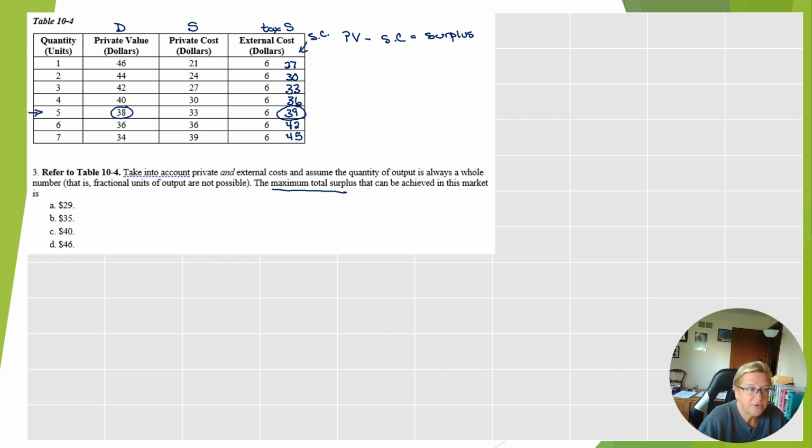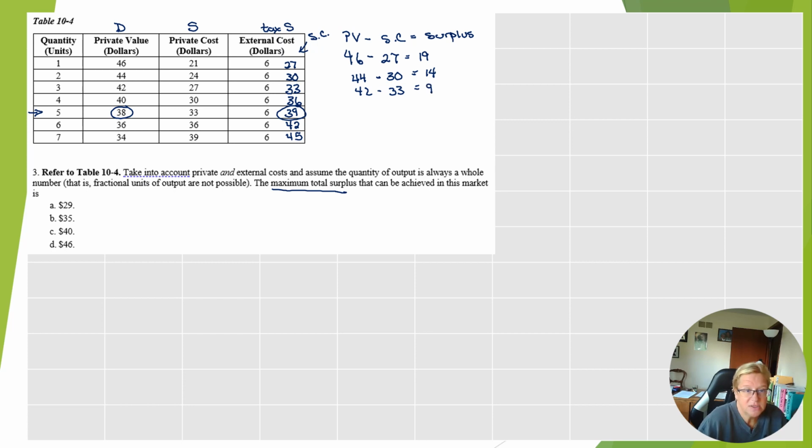Okay, so for the first unit, we have the private value of 46 minus the social cost of 27. That's going to give us 19. Second column, 44 minus 30, and that's going to give us the 14. 42 minus 33, and that gives us 9.